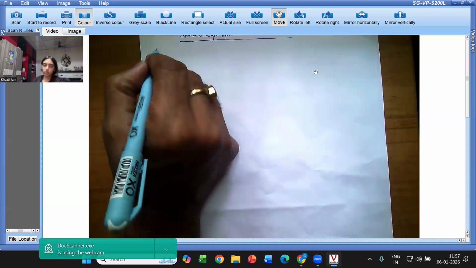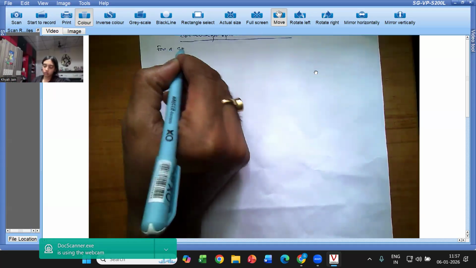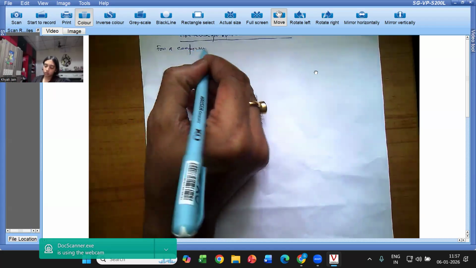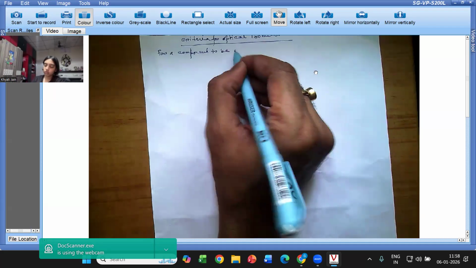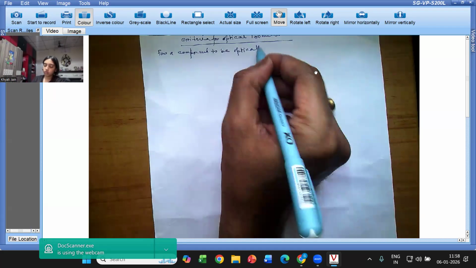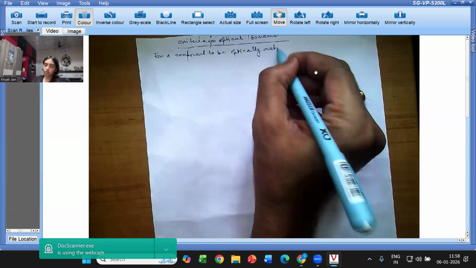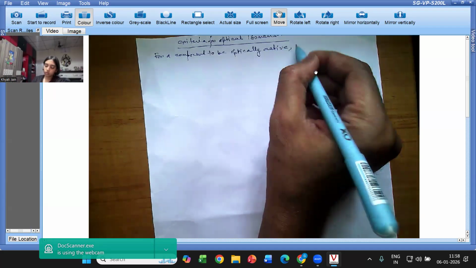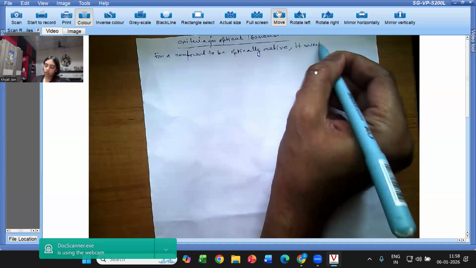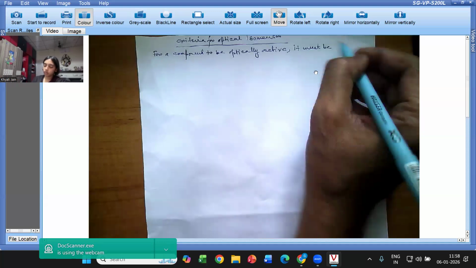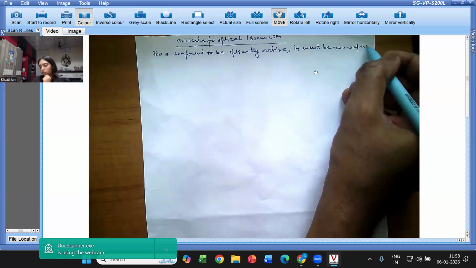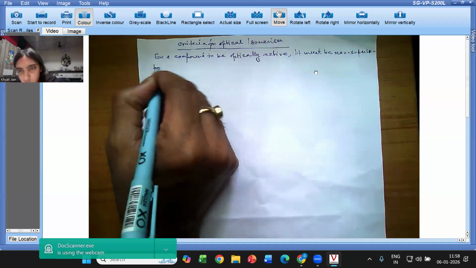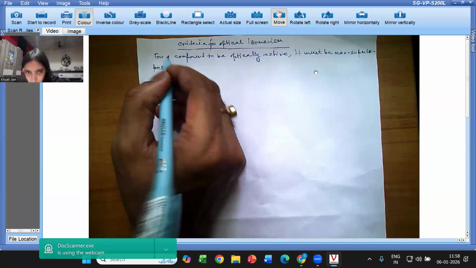Now, for a compound, note down this, for a compound to be optically active, it must be non-superimposable on its mirror image.